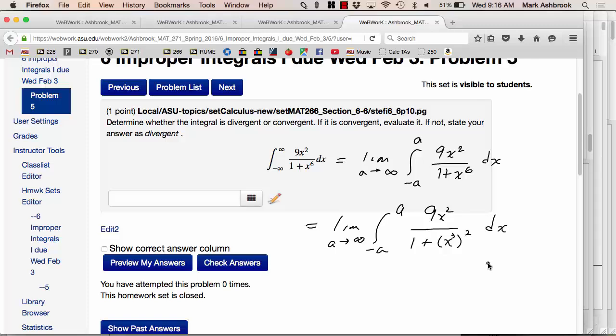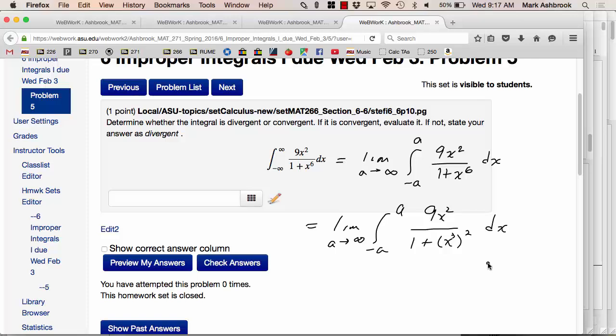I recognize that this is like 1 plus something squared in the denominator, which is inverse tangent. And notice what's inside here: x cubed inside, and what do you have up there? X squared. So when I rewrite it this way, 1 plus x cubed squared, and I'm thinking inverse tangent, it is undoing the chain rule. Do you see that? What's plugged in here is the interior function of inverse tangent, and we have its derivative right there.